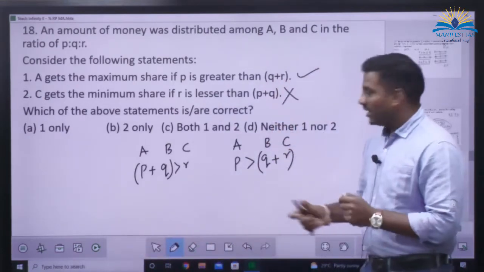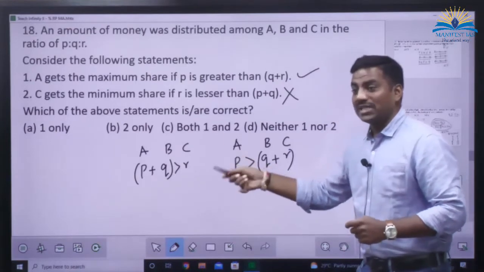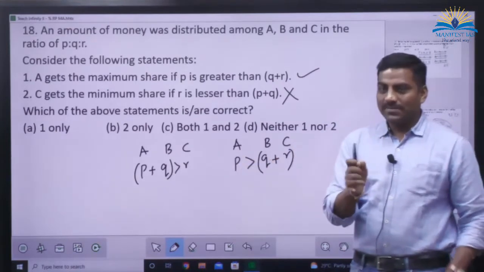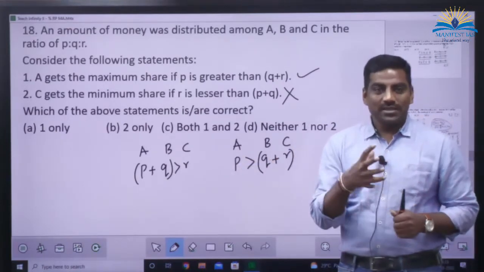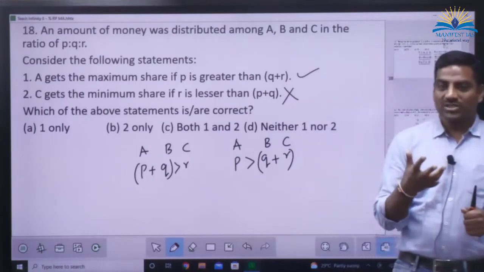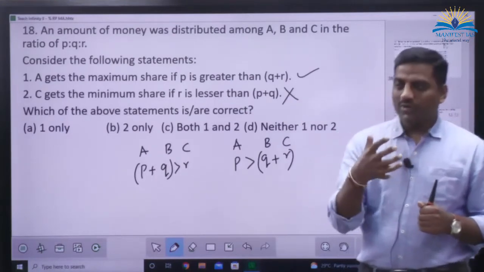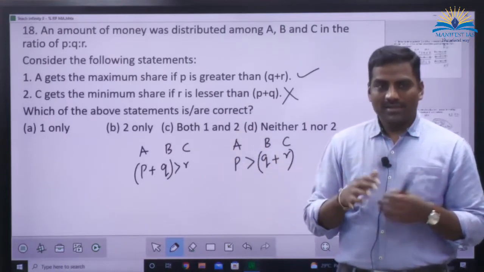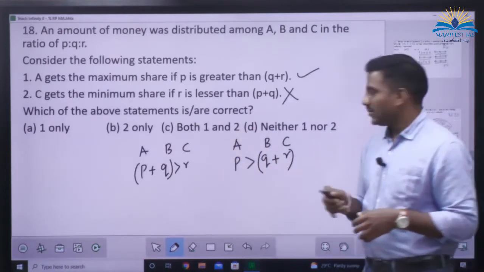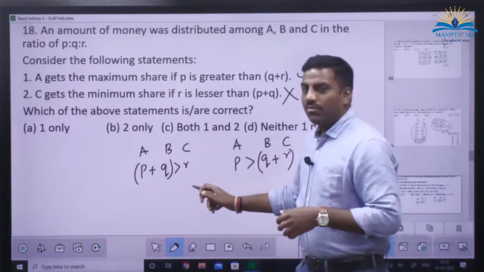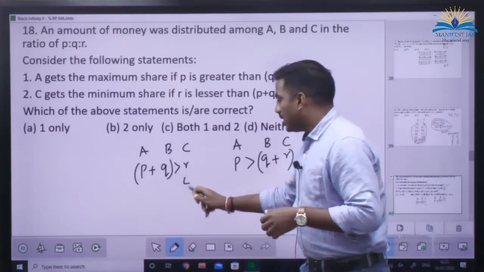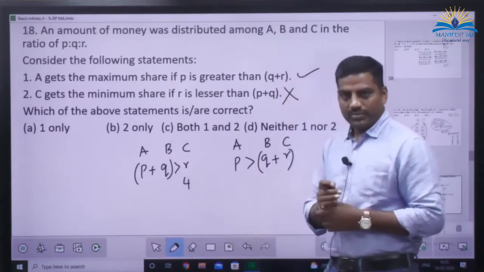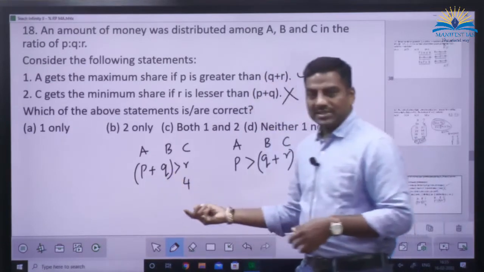See, in such cases, if you get stuck with this plus, minus, greater, less, you will not get the answer. Imagine the situation. Let's say our salary is 4, and collectively, P plus Q is 5.